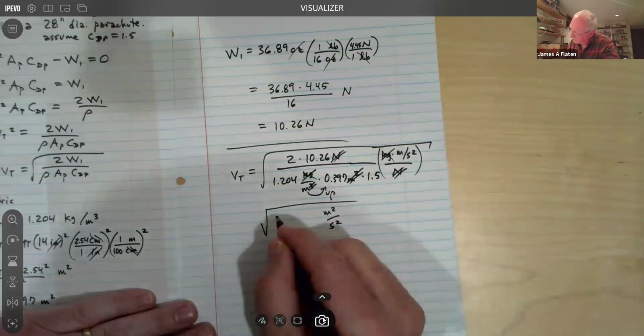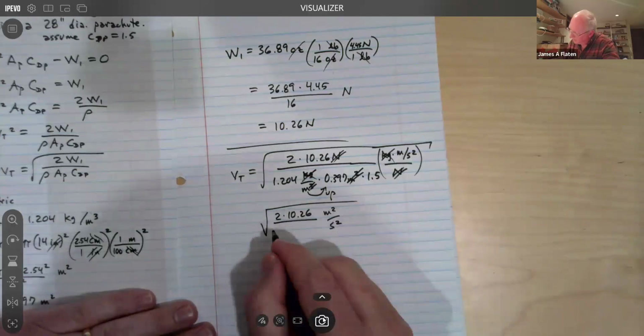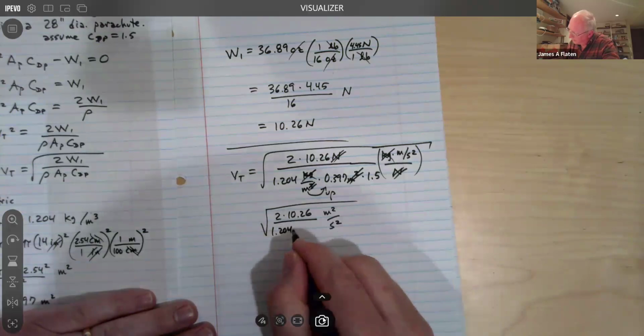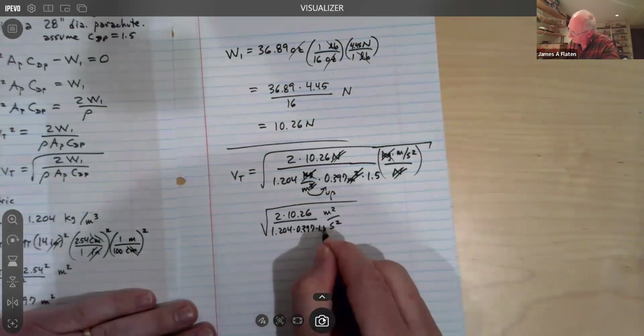And then here are the numbers. 2 times 10.26 divided by 1.204 times 0.397 times 1.5.